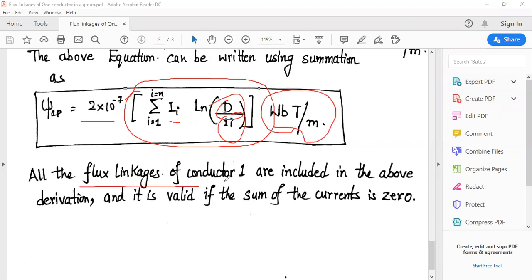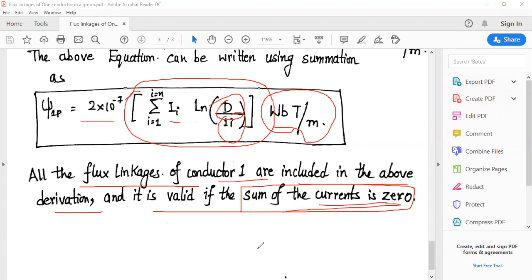All the flux linkages of conductor 1 are included in the above derivation, and this is valid only if the sum of the currents is equal to 0. This is the condition I will be specifying, and the flux linkages are included in conductor 1. When I say conductor 1, it is a standard conductor.